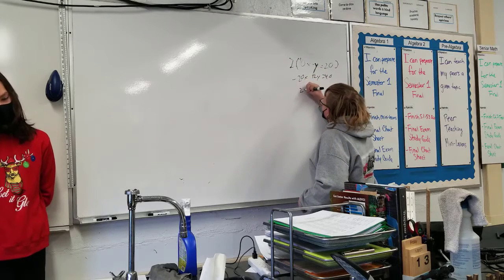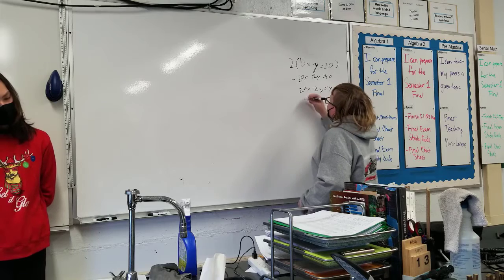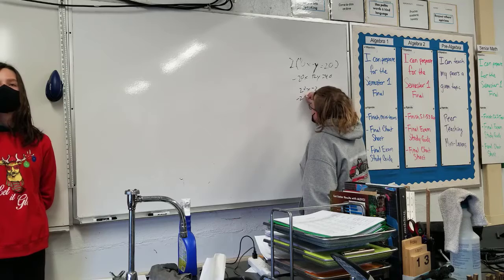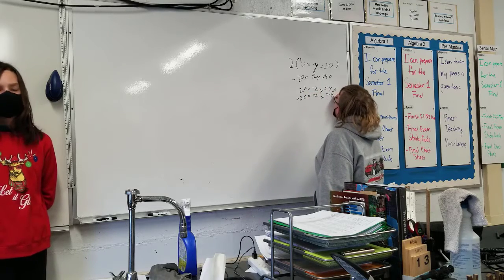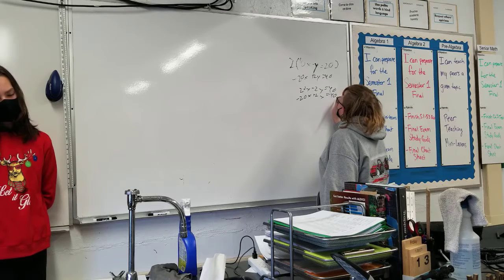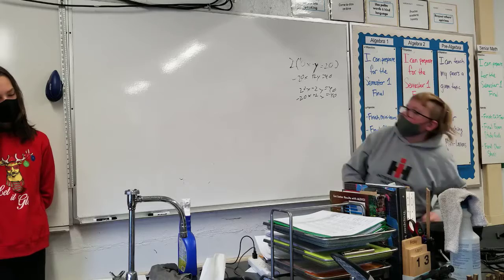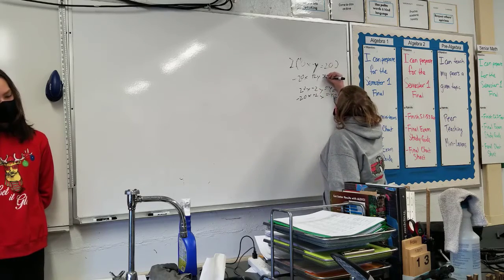So I get 20x minus 2y equals 40. And the bottom line still stays the same, so it's negative 20x plus 2y equals 40. Wait, no, it's supposed to be negative.